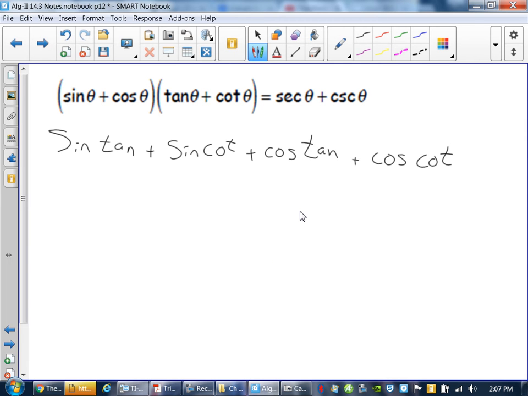All right, in my mind right now, I'm saying, okay, this isn't going to be so bad. Because now, if I do that, I'm going to rewrite all the tangents and cotangents in terms of sines and cosines.